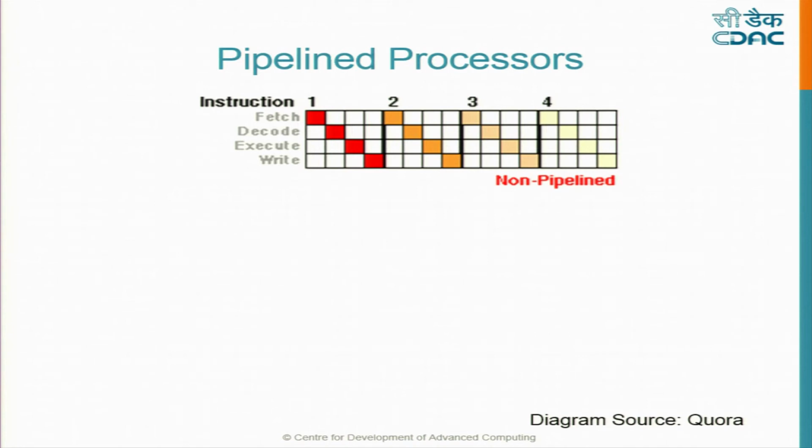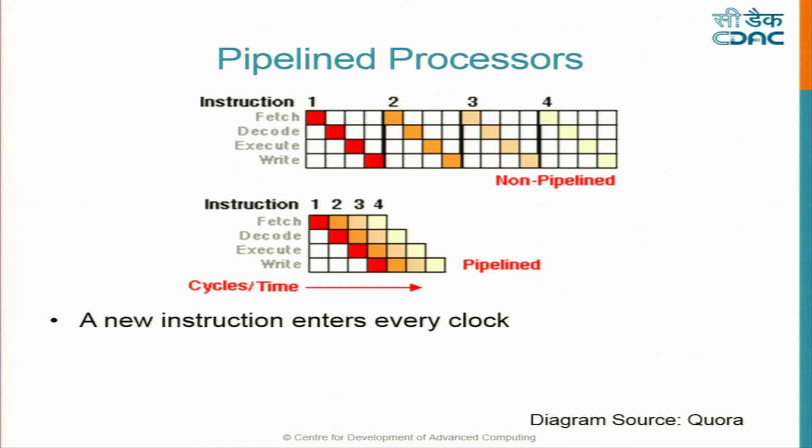Now if this was the case in a non-pipelined processor, in a pipelined processor what you do is, see, instruction 2 is fetched when the first one is decoded, right? These are the clocks, so we have cycles here and the instructions that are getting executed.